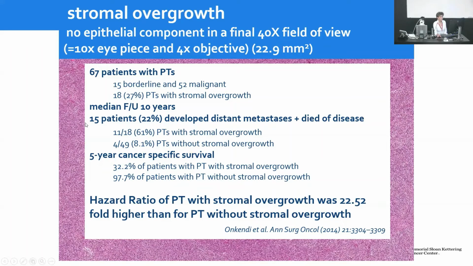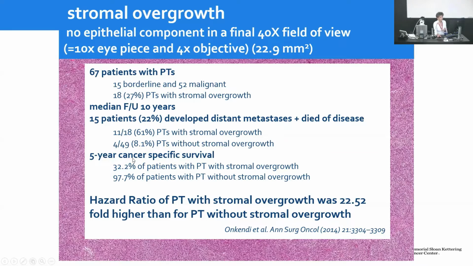And of these 15 patients, 11, that is 61% of the patients who died, came from the group of patients that had phyllodes tumors with stromal overgrowth, and only 4 came from the group without stromal overgrowth.